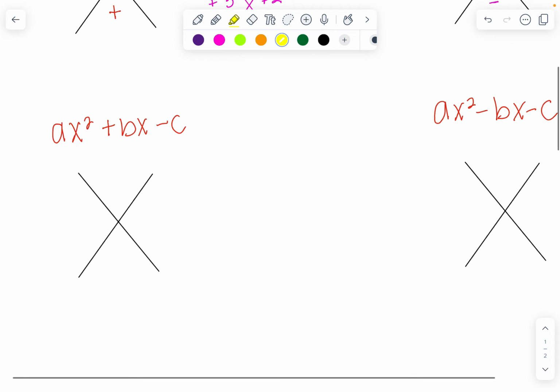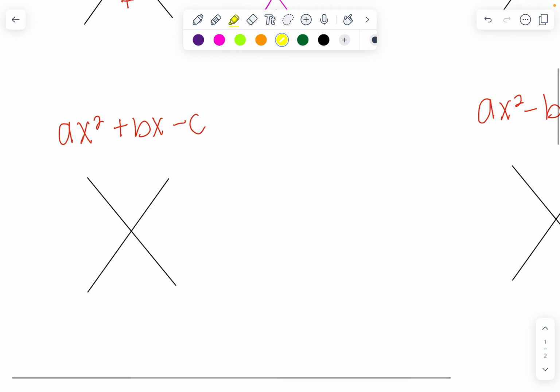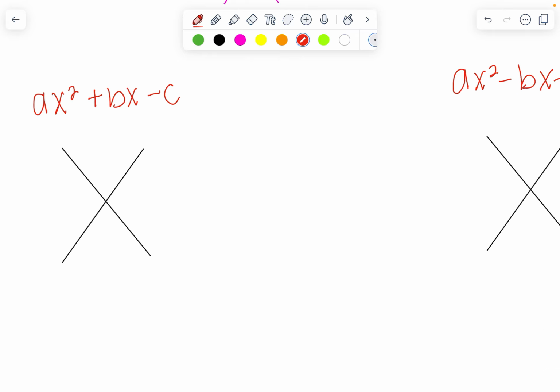The next situation we have is where A and B are both positive, but C is negative, which means the top is going to end up being negative. The bottom's going to be positive. Remember that we're multiplying to a negative number here, which means one number has to be positive, one number has to be negative, and in this case, the positive number is going to be the bigger number.